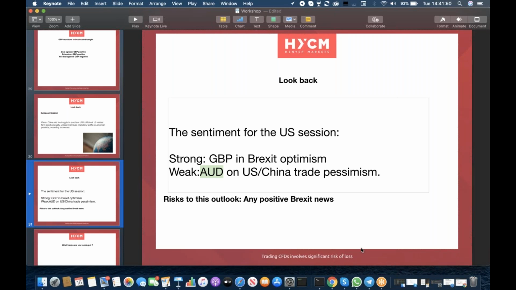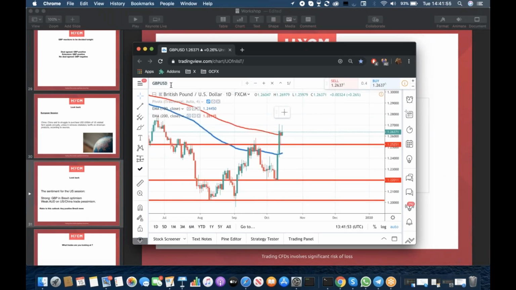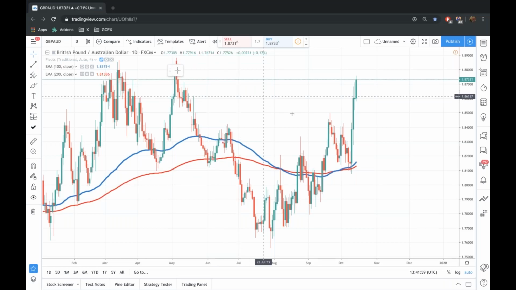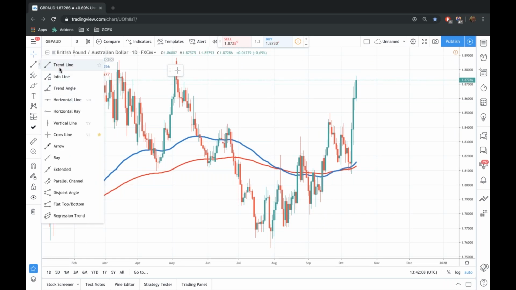And once we've got that currency pair, this is what I'm expecting for the rest of the session. But obviously, as I've said, this can change on the trading headlines.